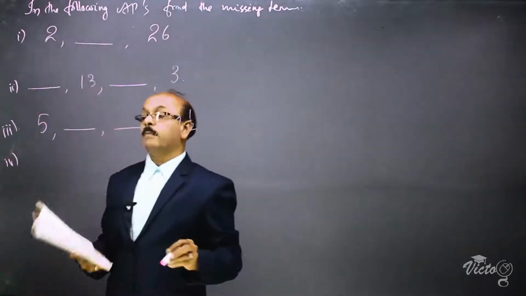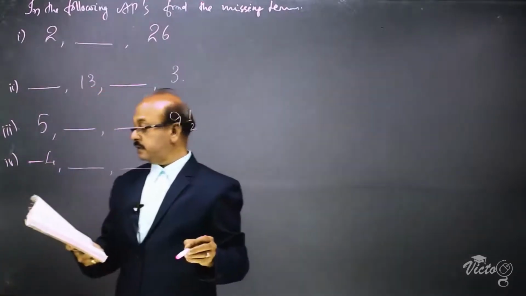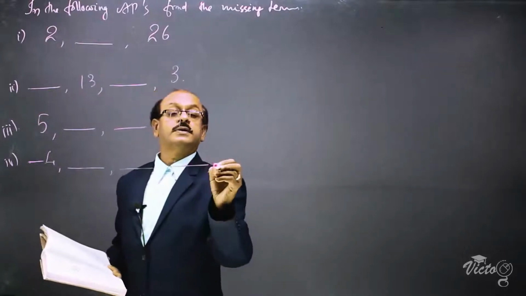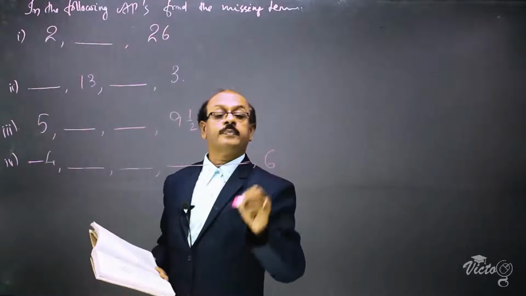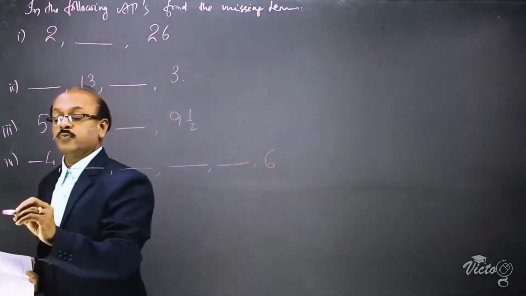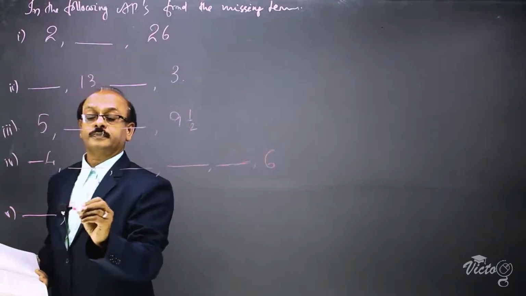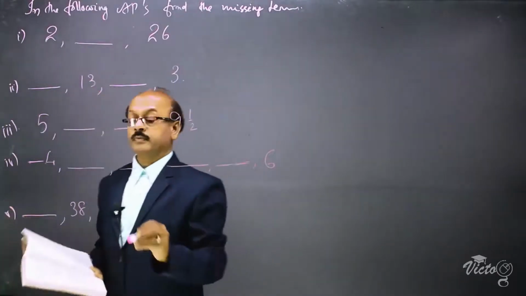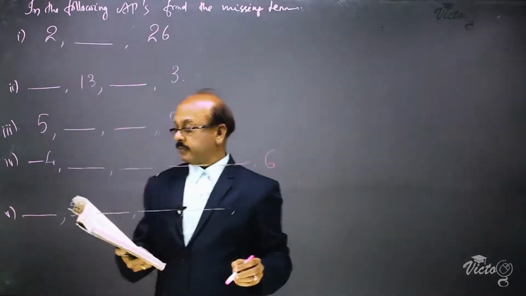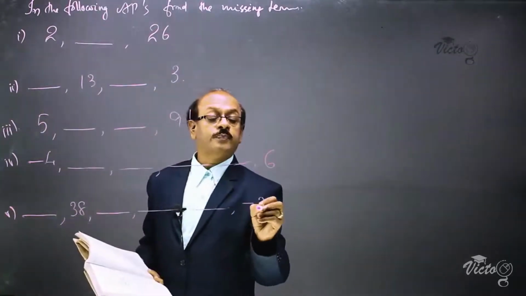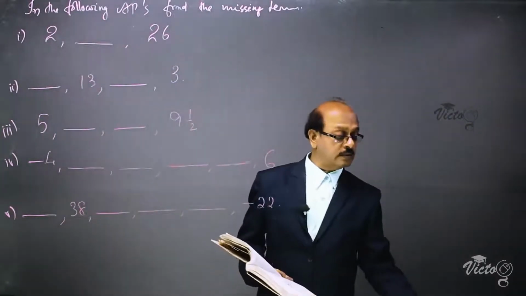Fourth: -4, dash, dash, dash, dash, 6. Fifth: dash, 38, dash, dash, dash, -22. These are the questions, and we have to find out the missing terms.